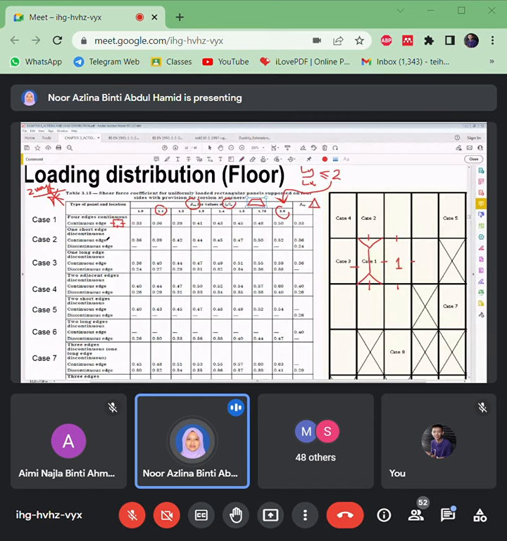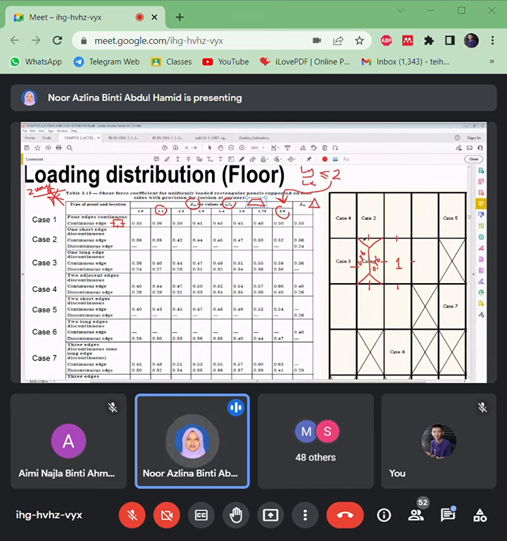Mana side yang continuous, ambil this value. Mana yang discontinuous, there might be a value for it. It depends actually on the locations of the panels. So for this example, let's say 0.36 for BVX for the trapezium coefficients.